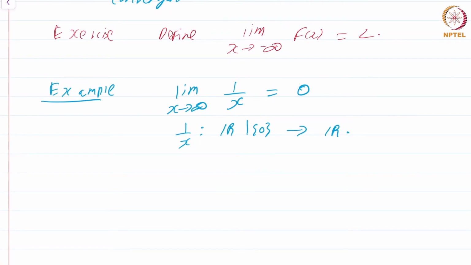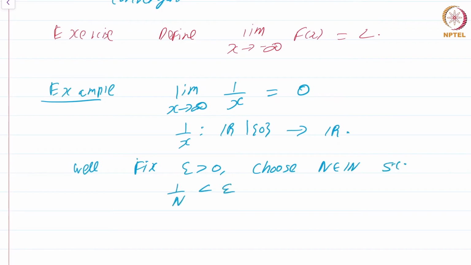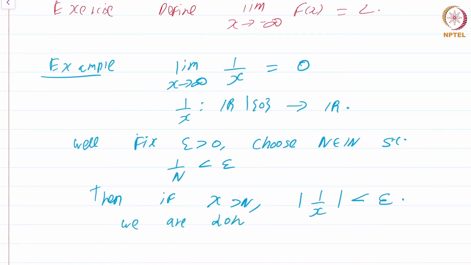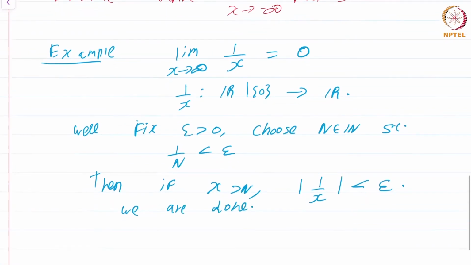Well, fix epsilon greater than 0, choose N in N such that 1 by N is strictly less than epsilon. Then if x is greater than N, 1 by x is less than epsilon, and we are done. So this was a fairly trivial proof. We have now shown that as x goes to infinity, 1 by x goes to 0.